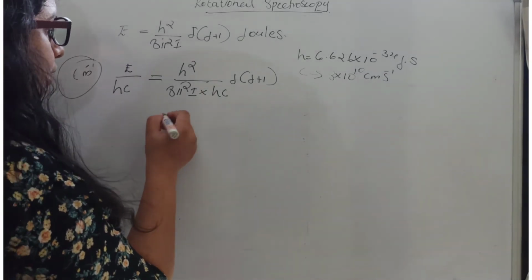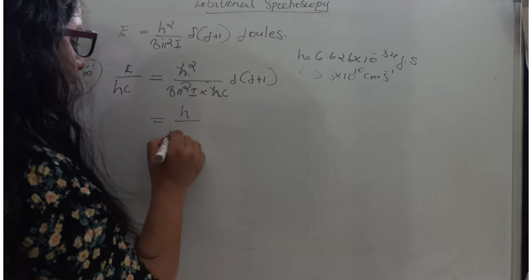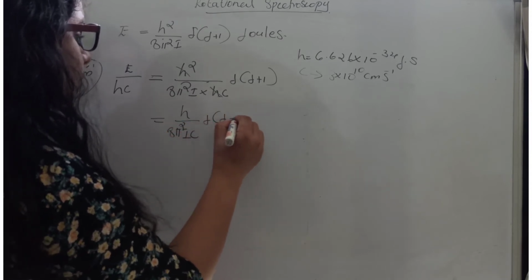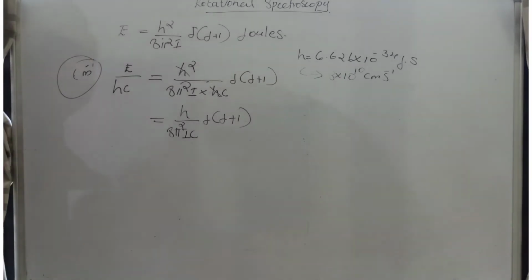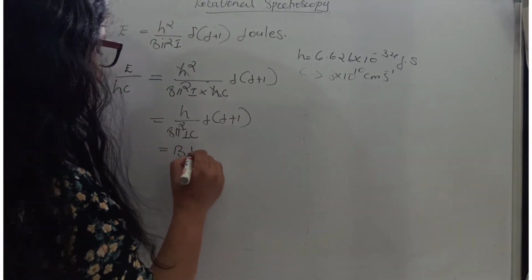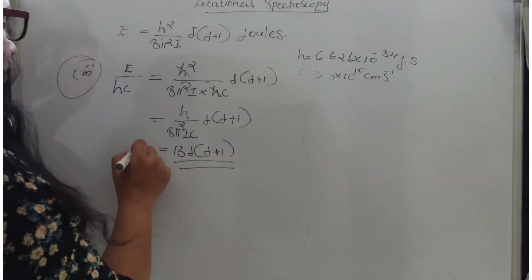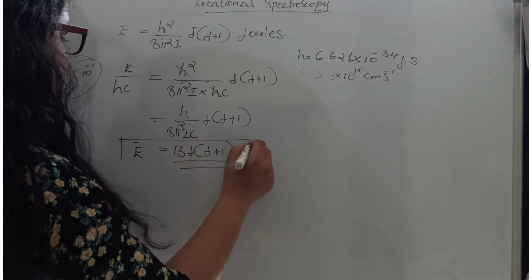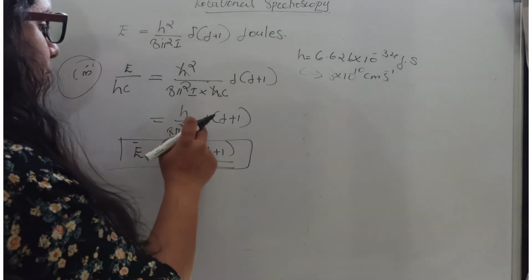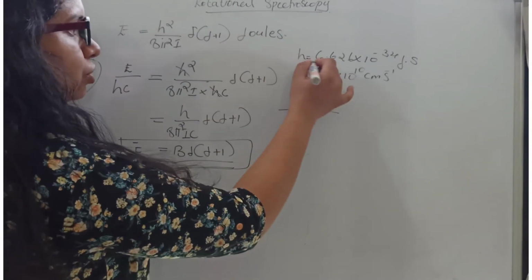So h will cancel, and h by 8 pi square I c j into j plus 1 will be the new equation, where we can write it as Bj into j plus 1, where B is h by 8 pi square Ic, which I am taking as a constant. This constant, h by 8 pi square Ic, is the rotational constant.